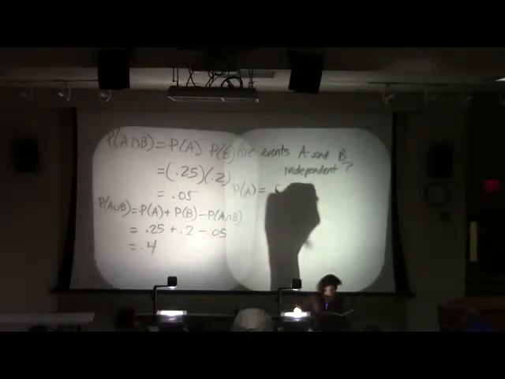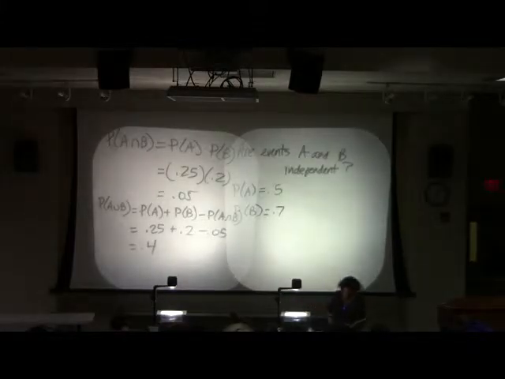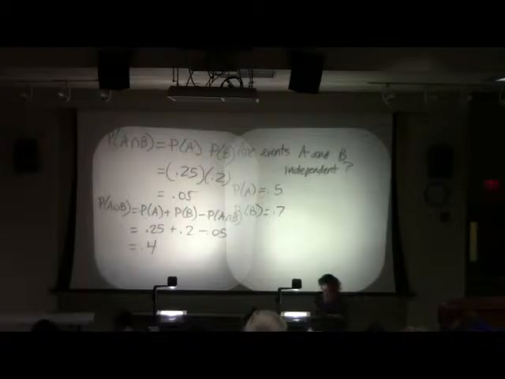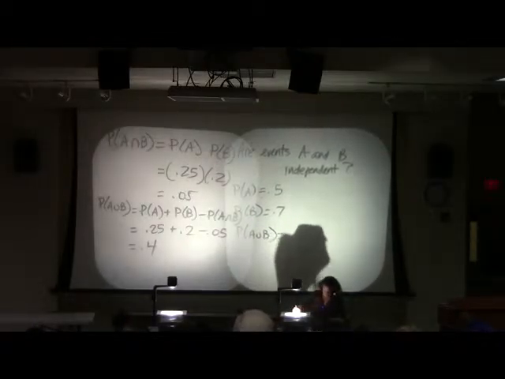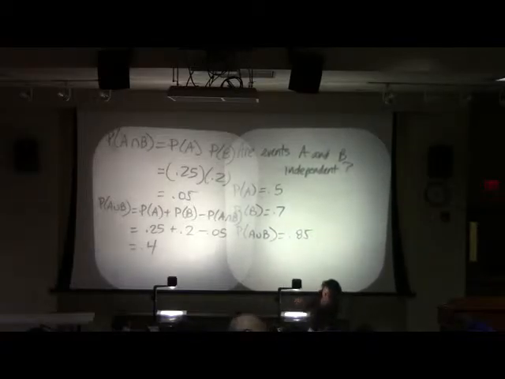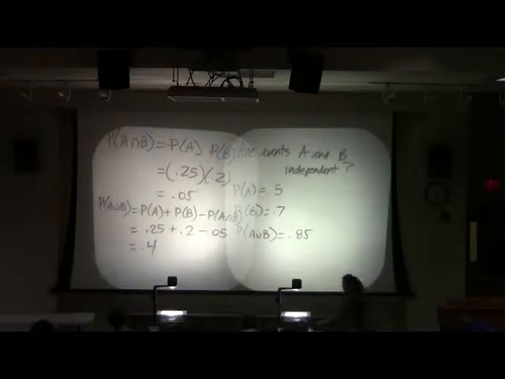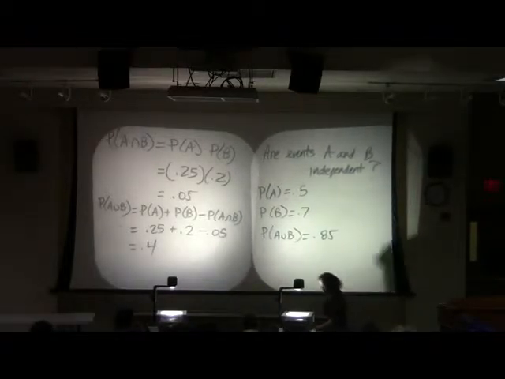The probability of B is 0.7. Okay, and let me give you one more thing. And suppose I tell you that the probability of A union B is 0.85. Sorry about that. Now you can read it better.